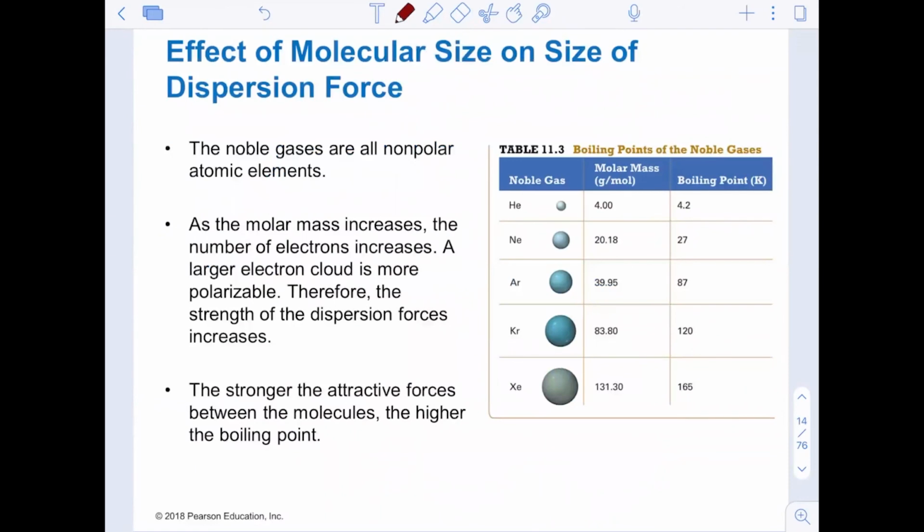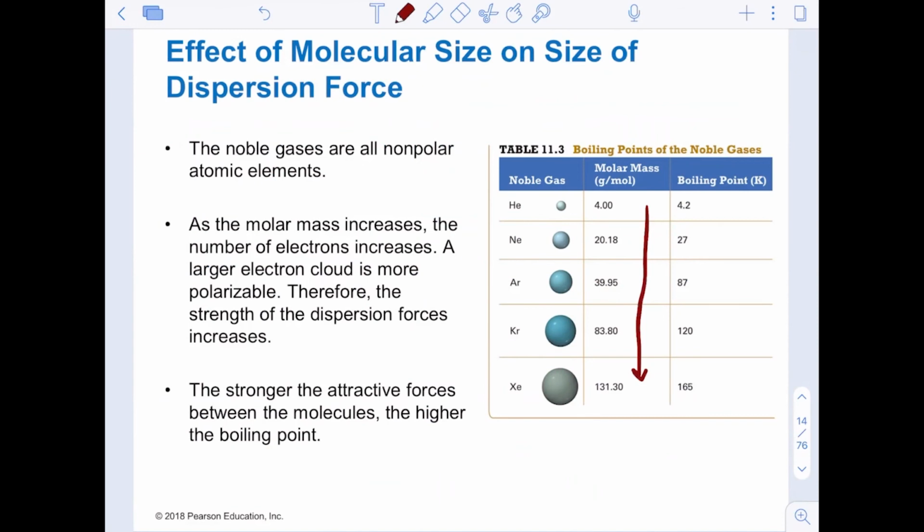Now, molecular size, or atom size, will have an effect on this dispersion force. So notice this chart. As we increase the molar mass, we're increasing the size and the ability to participate in dispersion forces. This is called polarizability. We have more space to distribute those electrons unevenly.